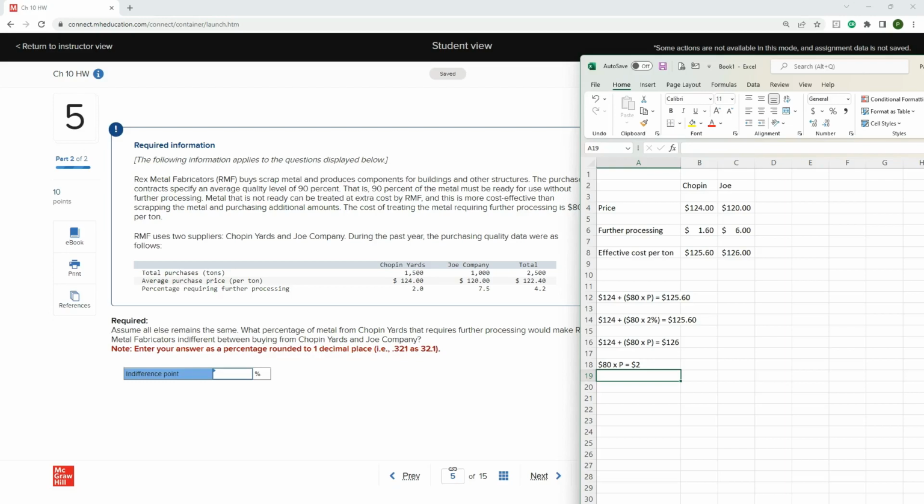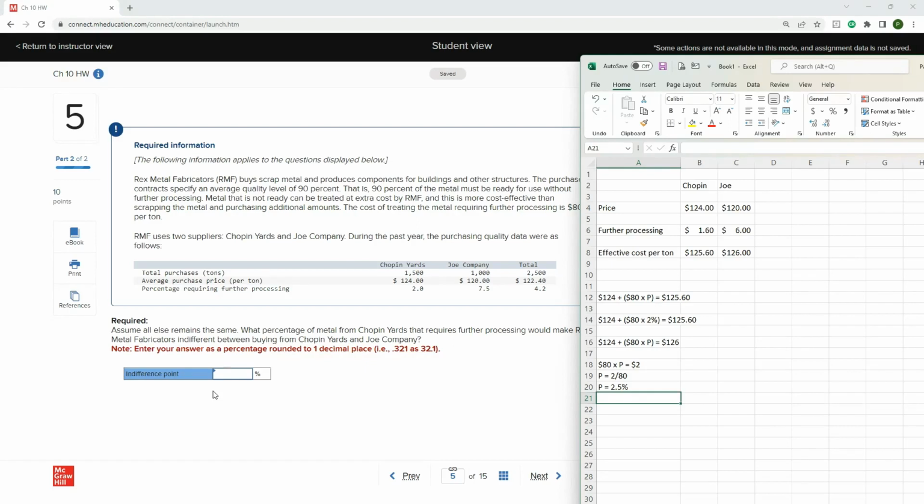Then we're going to divide both sides by 80. So that would be P equals 2 divided by 80. So P equals 2.5%.